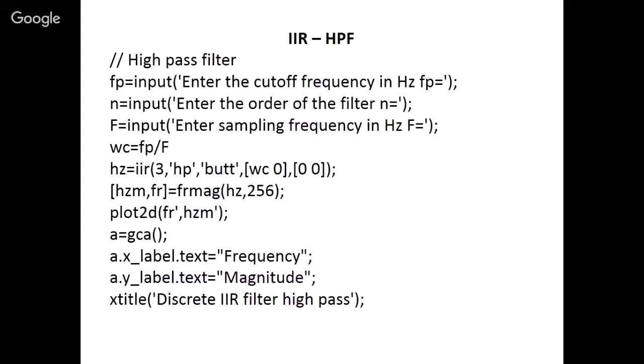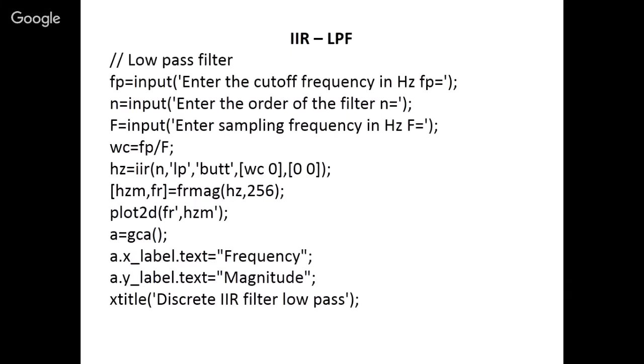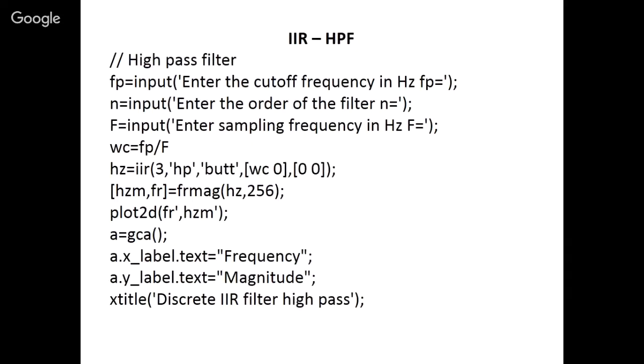Okay, welcome back again. So let us continue in filter design. In the previous session, I told up to the IIR low pass filter. Just as an example, I have given how to do the high pass filter.